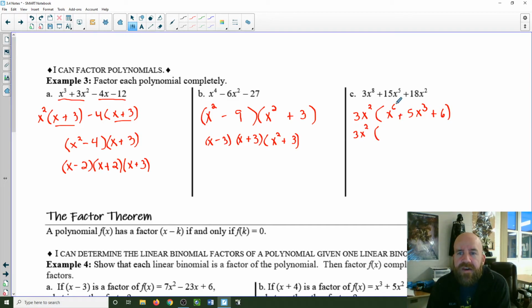So same thing, we have x to the 6th with 3 terms, and the middle term is an x to the 3rd, which is half of that. So we can go ahead and do x to the 3rd times x to the 3rd. And now all we have to do is find factors of 6 that add up to 5.